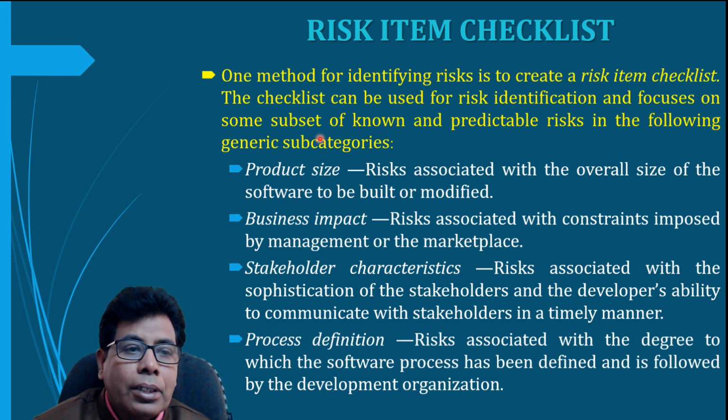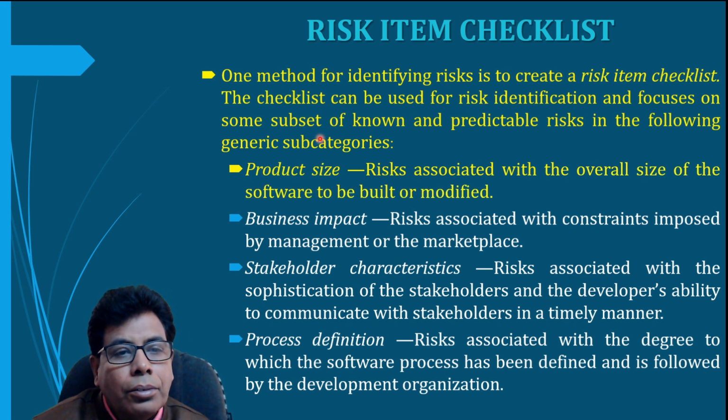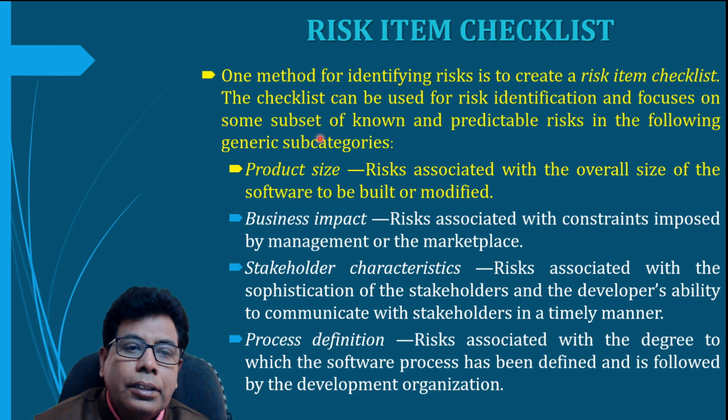First is the product size: risk associated with the overall size of the software to be built or modified. The estimation has already been done, and we can take the product size and find out whether there is a risk in it.